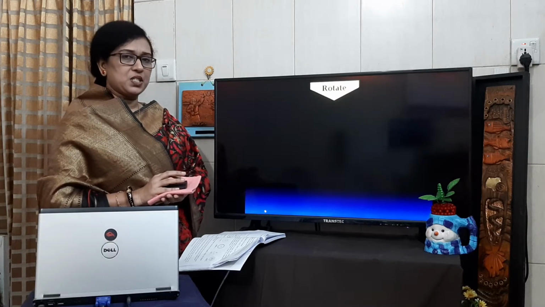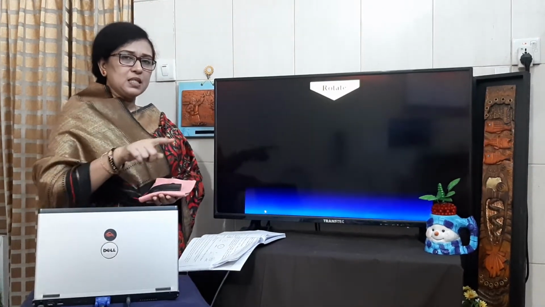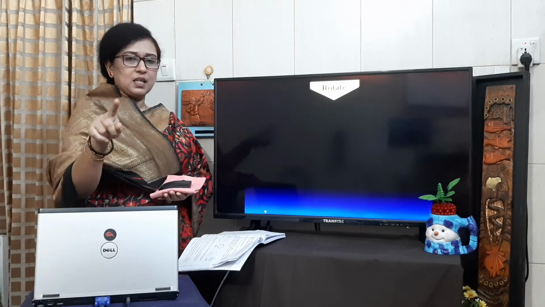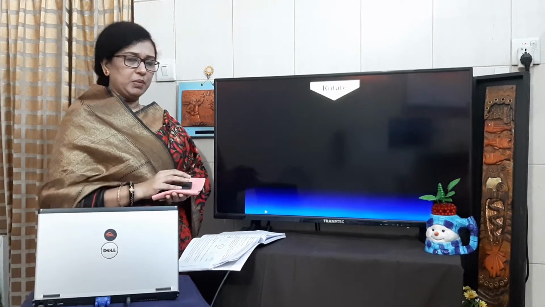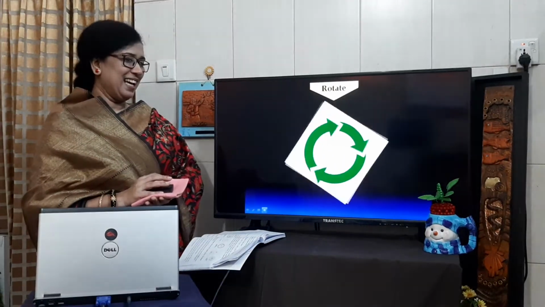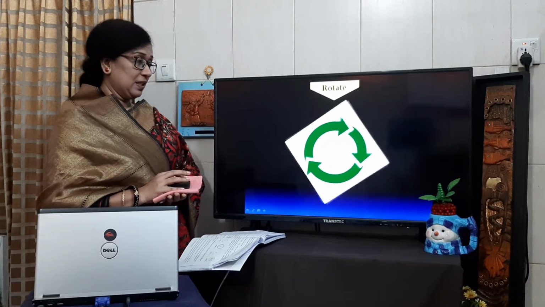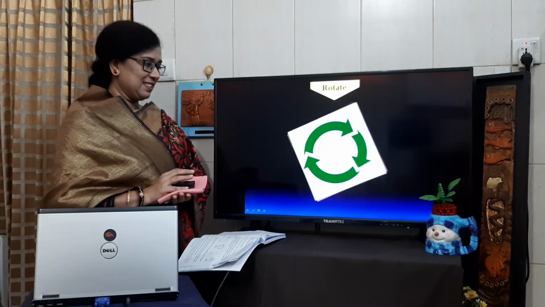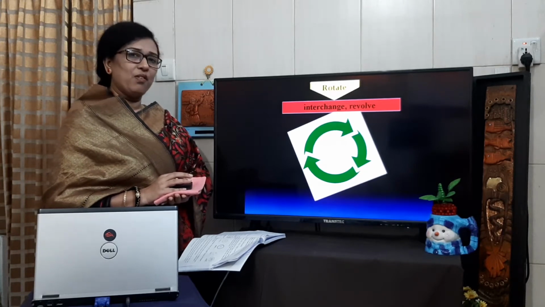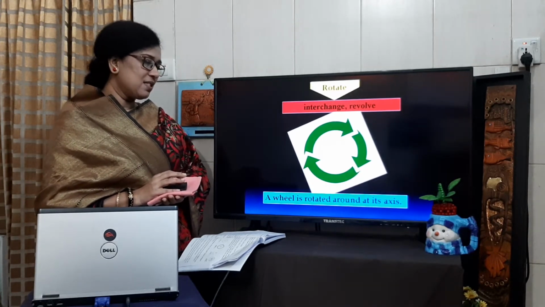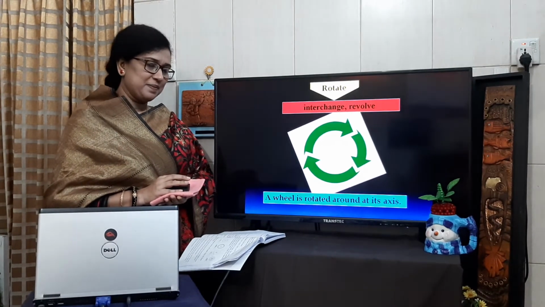Next, rotate. We know that rotate means the circular thing rotates on its axis. And there is a picture, it is rotating. The meaning of rotate is interchange or revolve. A wheel is rotated around at its axis.